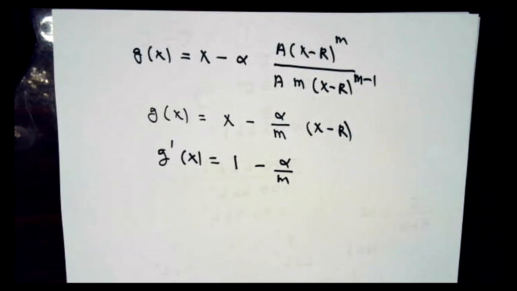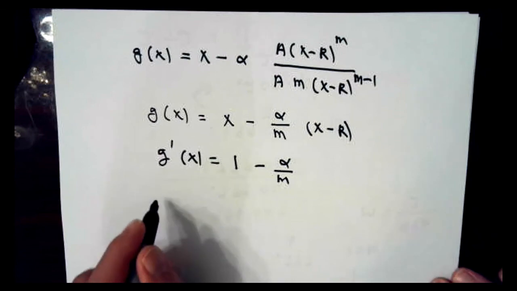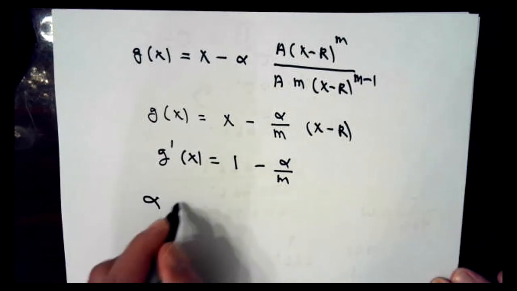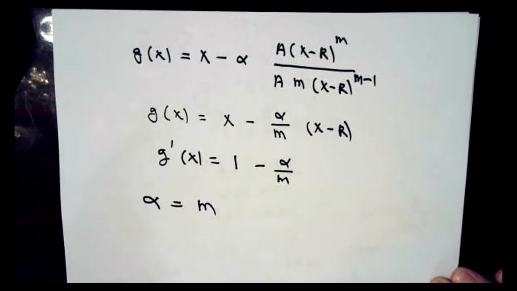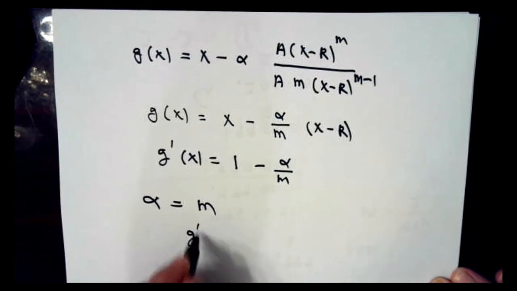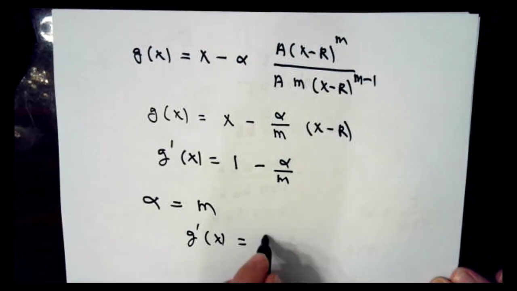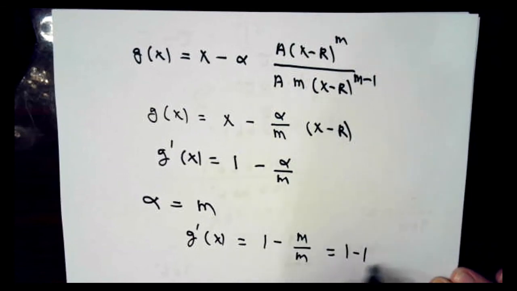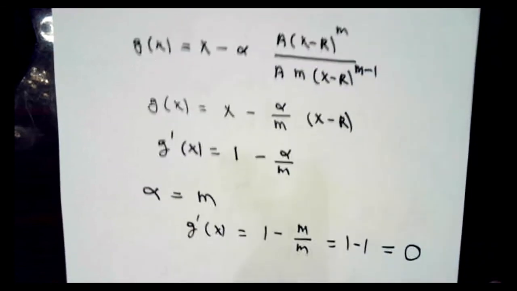So g'(x) is 1 - alpha/m. This is not 0 for most choices of alpha, therefore you get linear convergence. But if you're extremely sneaky, if you let alpha equal the multiplicity of the root, then g' is 1 - m/m, which is 0.